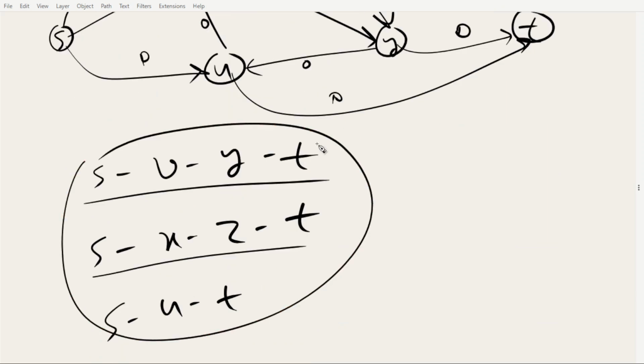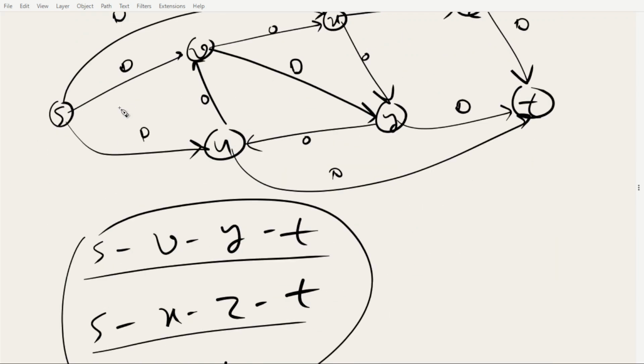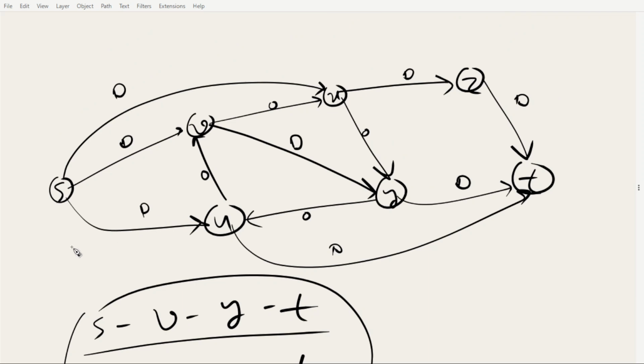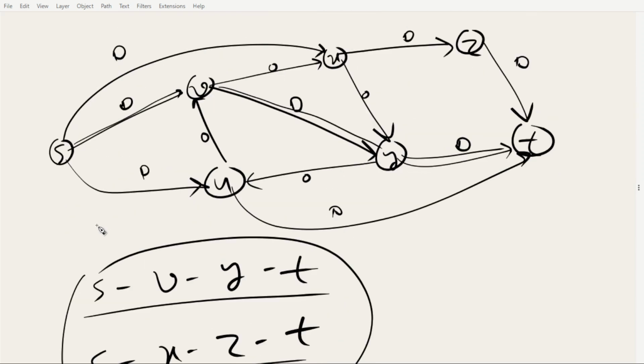It is very easy to verify. If we mark them, S, V, Y, T is the first disjoint path. Actually, we can make a label, just put the label 1 to distinguish between different paths.